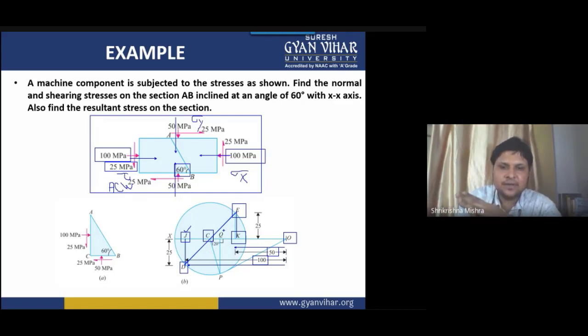We have always taken the value of 2 theta from this CE line, as in the previous question also. So don't forget that. Don't draw the line through CD. Always take it through CE, and since the value given is 60 degree, the manner will be the same: clockwise, and clockwise is taken as positive, since it is given as 60 degree clockwise.